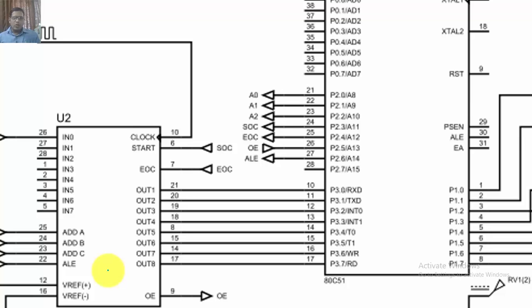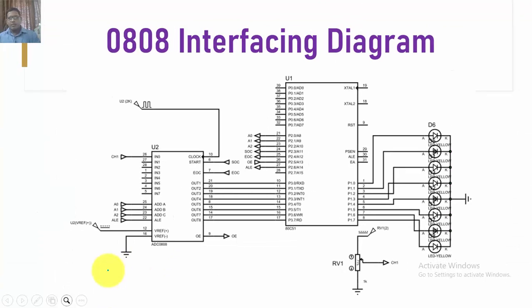And here the output pins are connected to the 8051 microcontroller. Address line A, address line B and address line C are connected to P2.0, P2.1 and P2.2, and titled A0, A1 and A2. Next, SOC, the start of conversion, we are going to utilize P2.3.